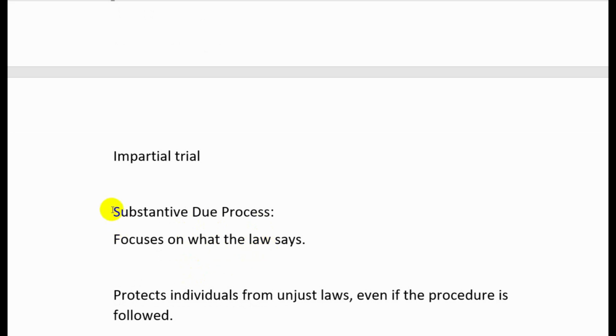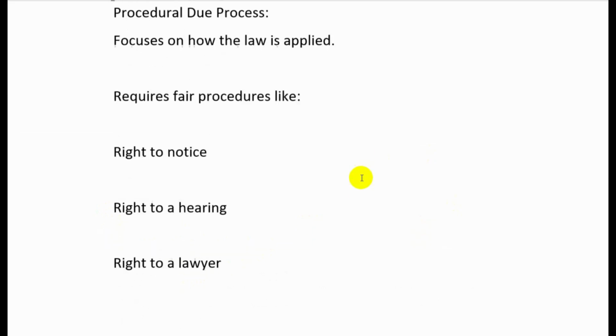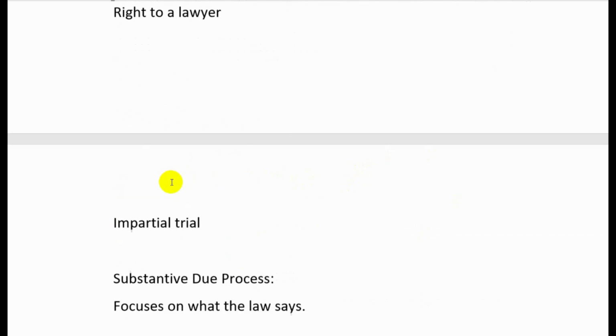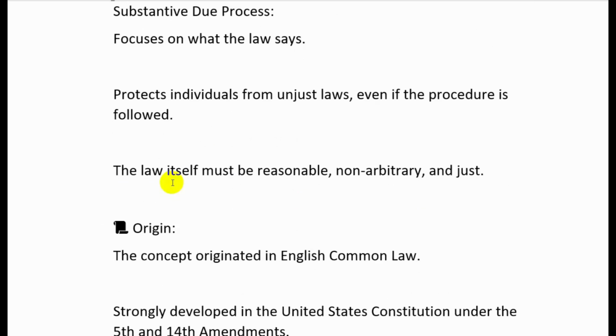Earlier, India used to follow only procedure established by law. But after this case law, we started following due process of law as well, that is the procedural due process and substantive due process both. So these protect individuals from unjust laws even if the procedure is followed. The law itself must be reasonable, non-arbitrary and just.